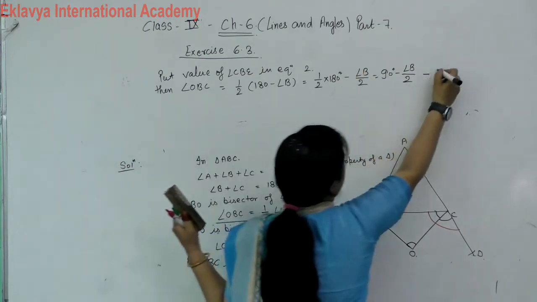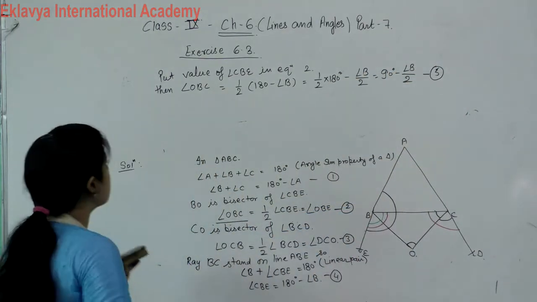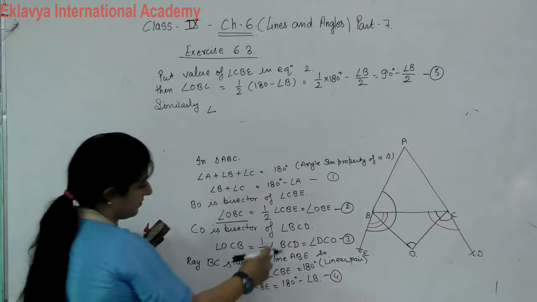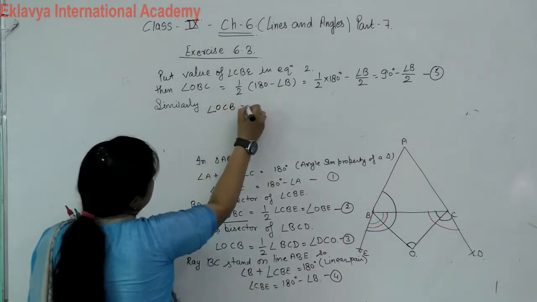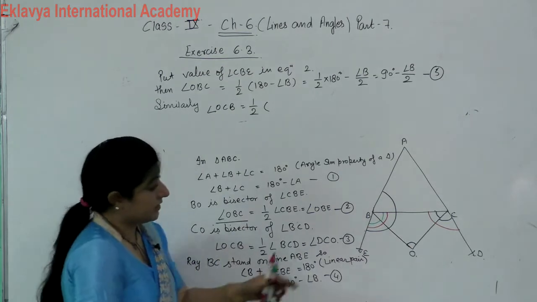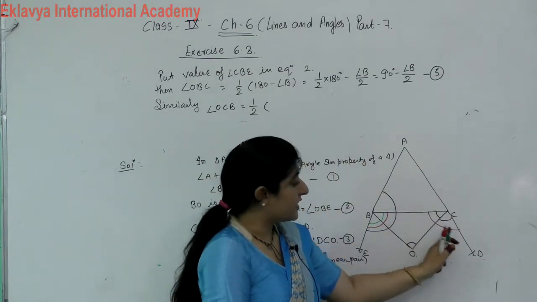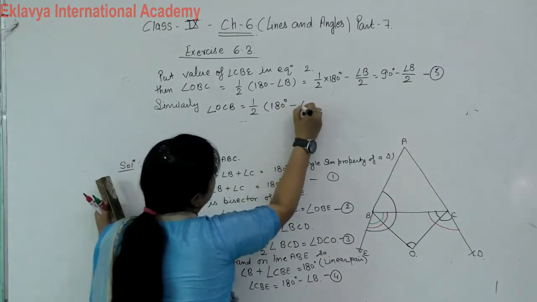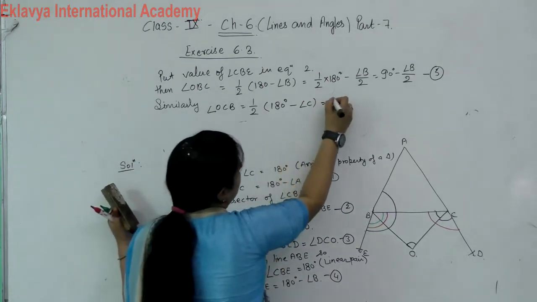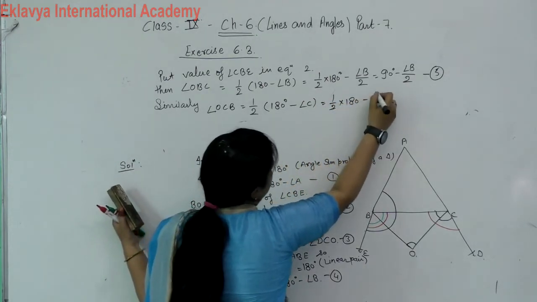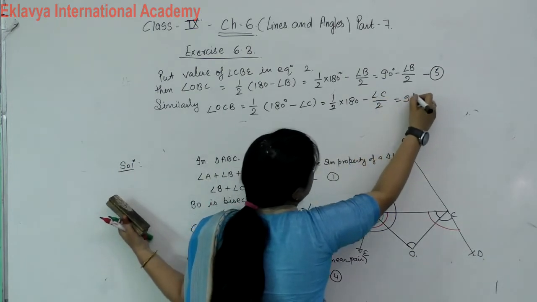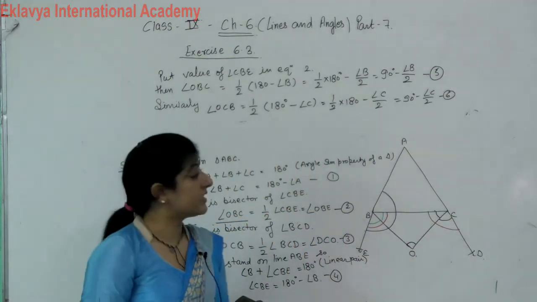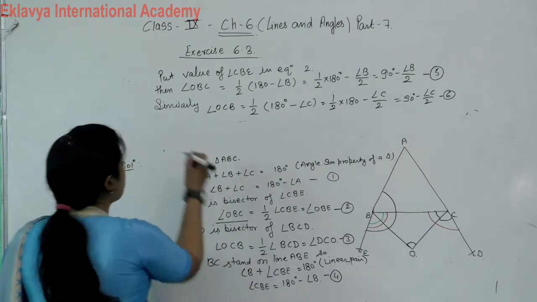This is the next equation, we can write 5. Similarly, angle OCB is equal to 1 by 2 angle BCD. What is the value of this angle BCD? That we can write 180 degrees minus angle C, so it is 1 by 2 of 180, then this is 90 degrees minus C by 2. Sixth equation.